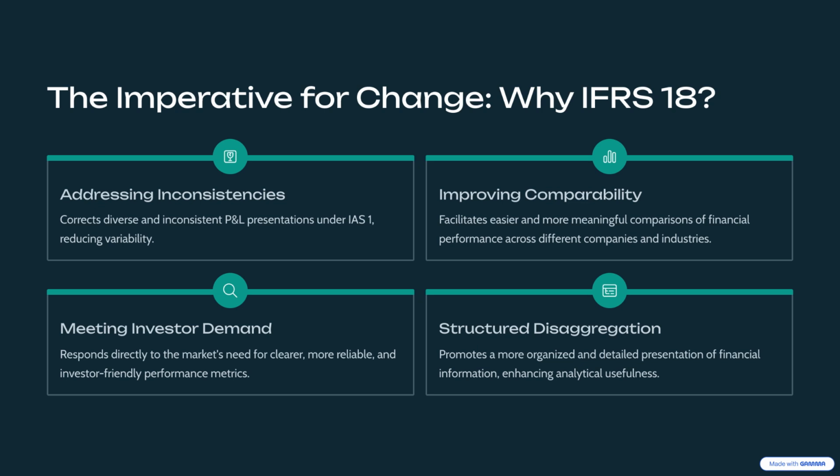IFRS 18 introduces a defined structure, including mandatory categories, operating, investing, and financing, to reduce this inconsistency. This ensures that companies use common definitions and formats, making financial statements easier to understand and compare.